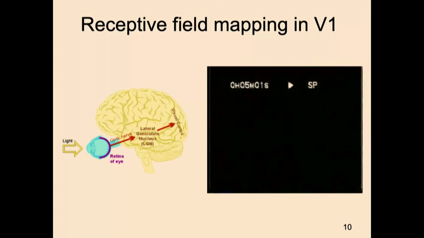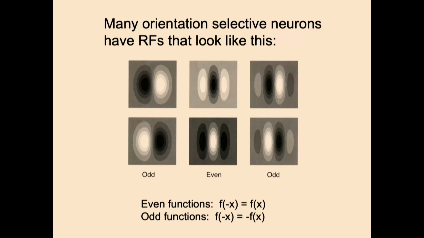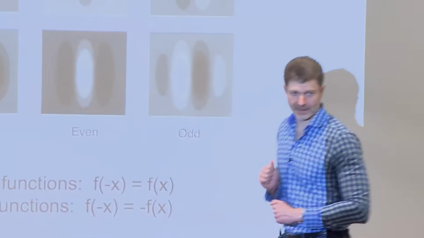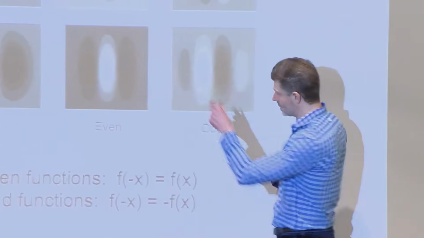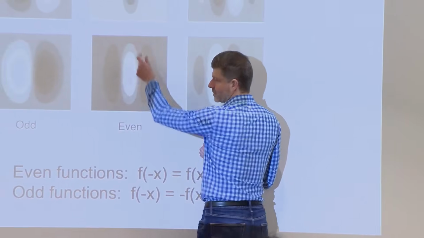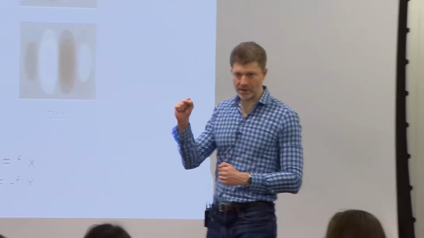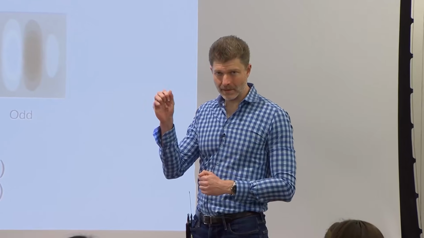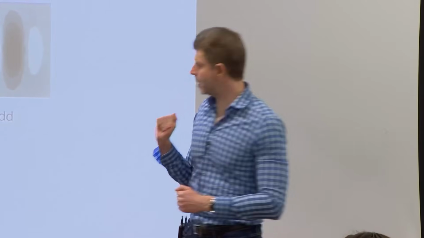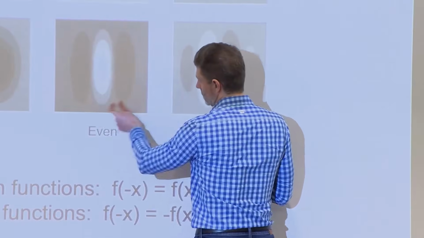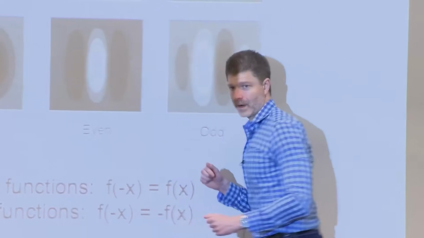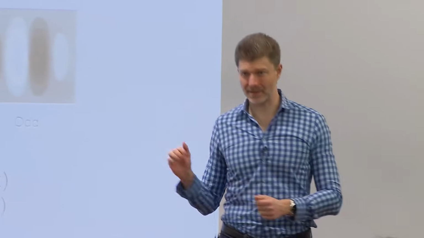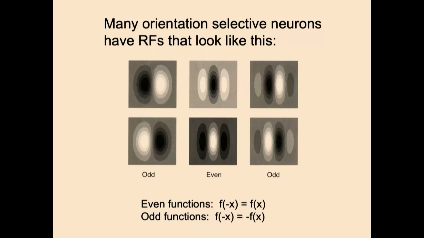But what you would see is evidence for a receptive field that I think looks something like this one. I can't remember for that exact example. Essentially there is an elongated region of space within which light increases the firing rate of the neuron, and then adjacent regions of space where light actually decreases the response of the neuron. Okay, so you get these receptive fields that look like this.